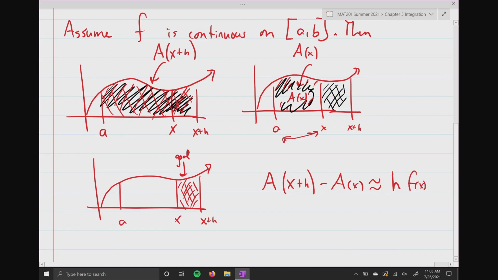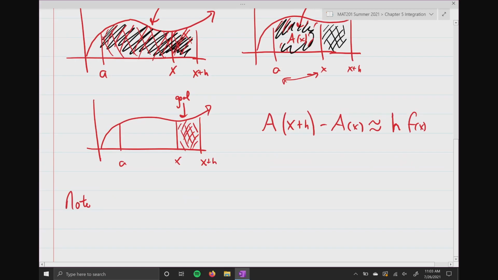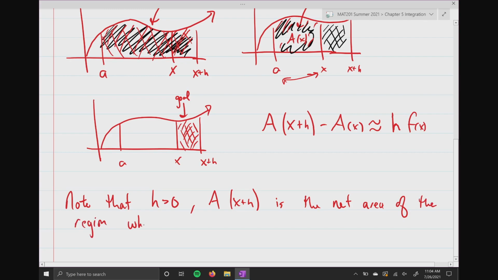All right, now note that as long as h is greater than 0, A of x plus h is the net area of the region whose base is the interval from a to x plus h.